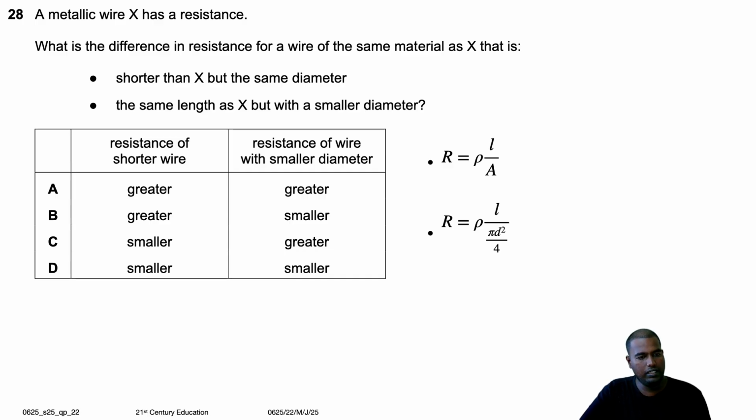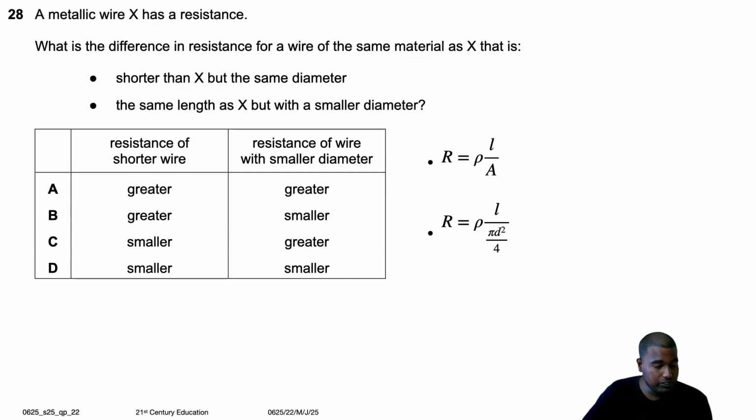So if we decrease the length, resistance should decrease. If you increase the length, resistance should increase for the same diameter. Similarly, for the same length, resistance is inversely proportional to diameter squared. So if we decrease the diameter, resistance should increase. If we increase the diameter, resistance should decrease for the same length.